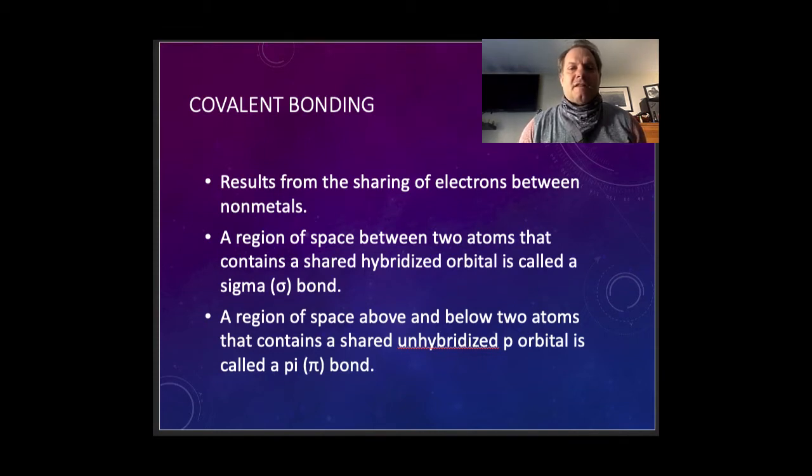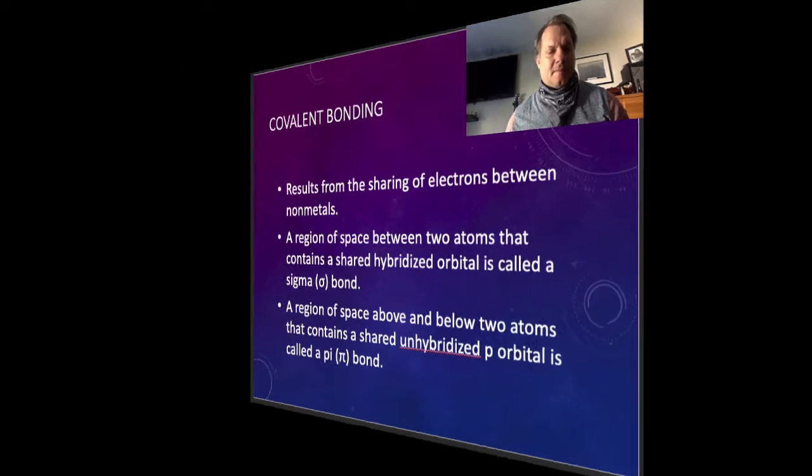We know that covalent bonding results from the sharing of electrons between nonmetals. And really, a covalent bond is a region of space between two atoms that contains a shared hybridized orbital called a sigma bond.